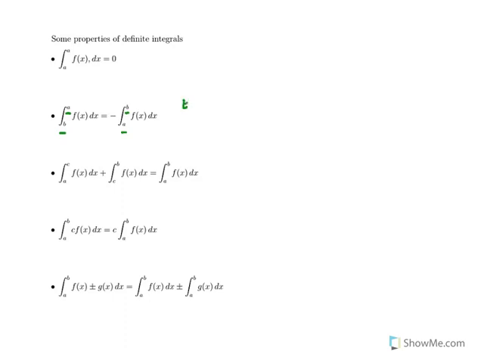So for example, if I have the integral from 2 to 5 of f of x dx, let's even just put a function there, how about like x squared dx, that is equal to negative the integral from 5 to 2 of x squared dx. We can just put a negative on there. We are always going to try to write our bounds from least to greatest, the least one on the bottom, the greatest one on the top, but that is something that we can work with there.